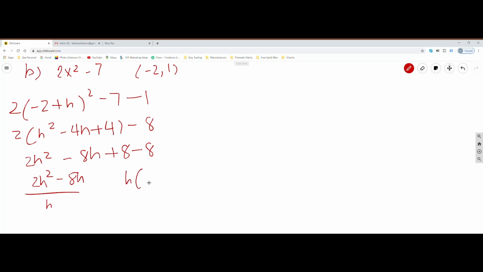Take out the h, so you're left with 2h minus 8 over h. H's cancel, so you get 2h minus 8. Substitute h equals 0, so you're left with minus 8. So y equals negative 8x plus b.